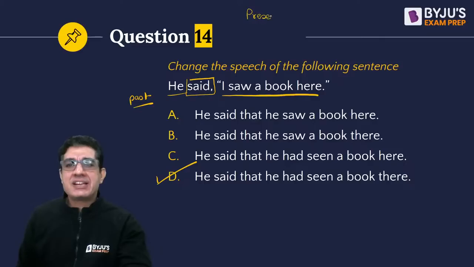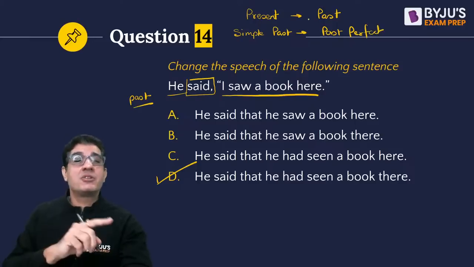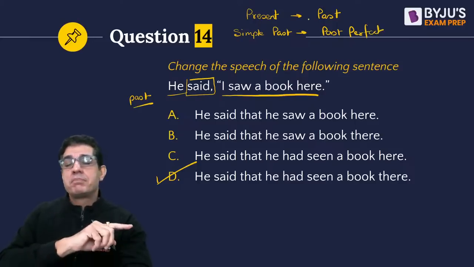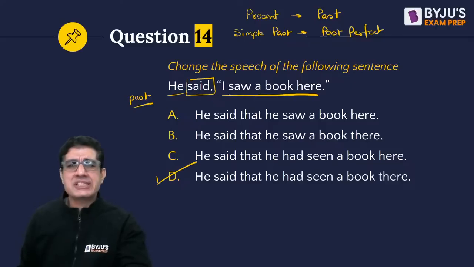If the sentence within the quotes is in present tense, you choose the corresponding past tense. If it is in simple past already, then you use past perfect. If it is in past continuous, then you use past perfect continuous. You notice I saw a book there is simple past.